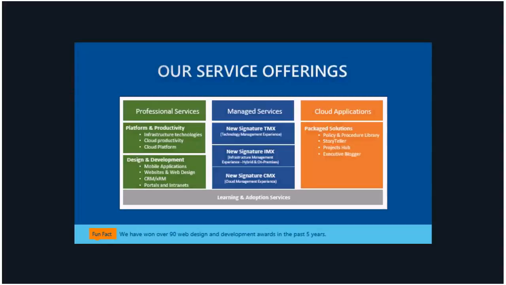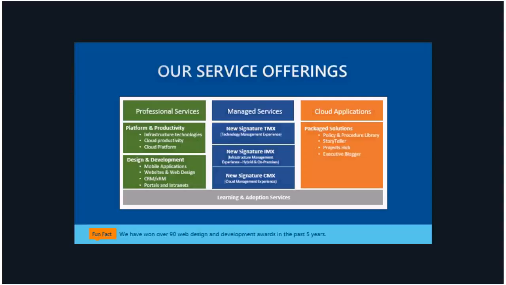So just briefly, New Signature has 3 pillars of offerings. We have our professional services, managed services, and cloud applications. Our professional services consist of our consulting capabilities, which are divided into 2 practice areas, platform and productivity, and custom design and development.